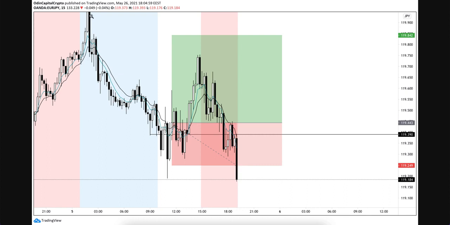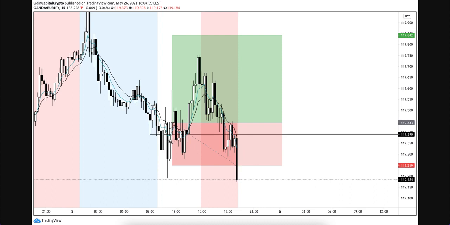We had a very bearish session. So we're not shorting when we've got an already super bearish session, because the possibility of a pullback is way higher than the possibility of continuation.